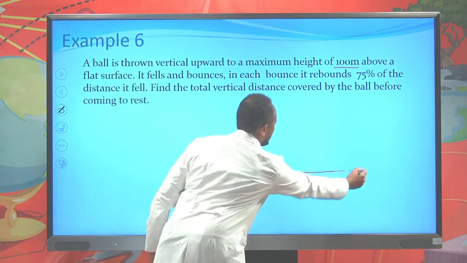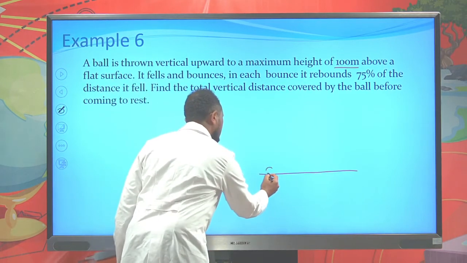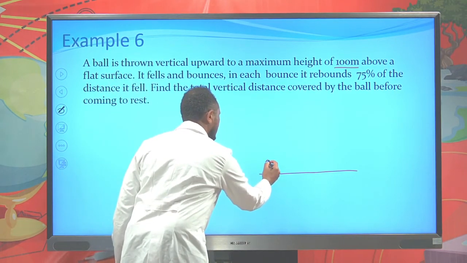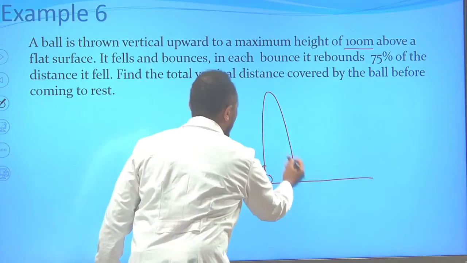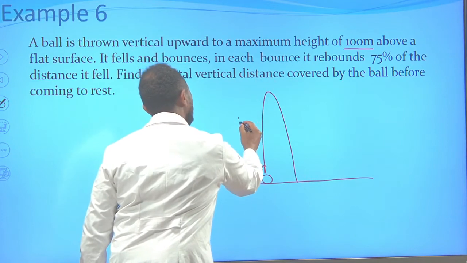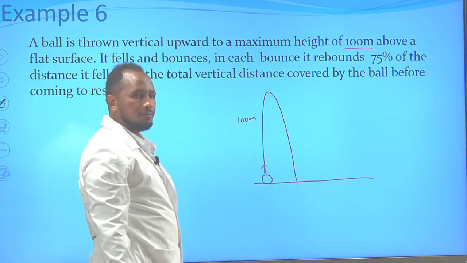Let's take this flat surface. The ball is thrown up, it moves up and falls. The maximum height is given to be 100 meters.